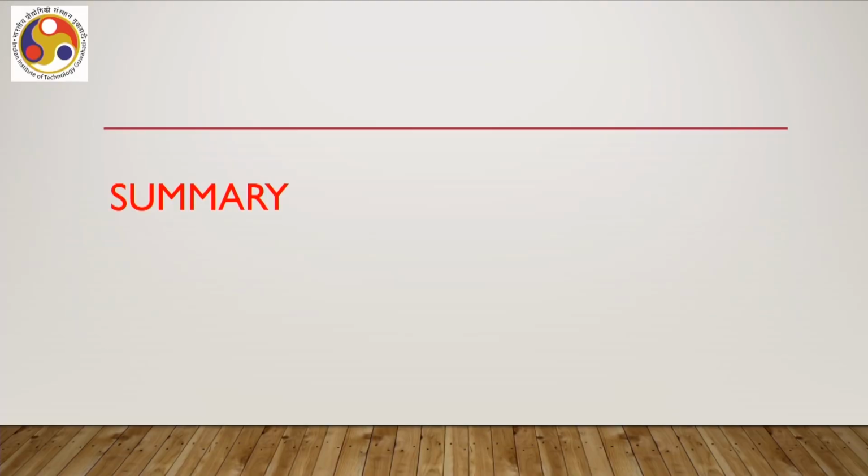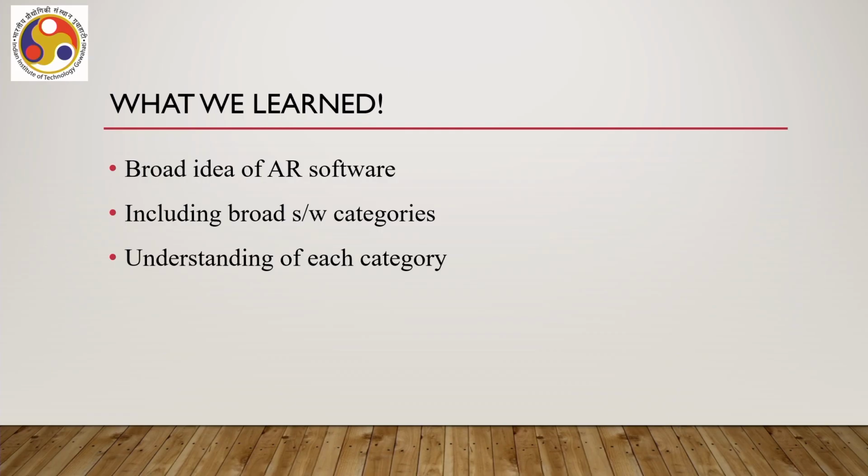So, with that we can conclude our discussion on AR software. In summary, we have learned the basic idea of AR software. We have tried to understand the different tools and packages available in terms of 4 categories. The categories are based on programming skill required.